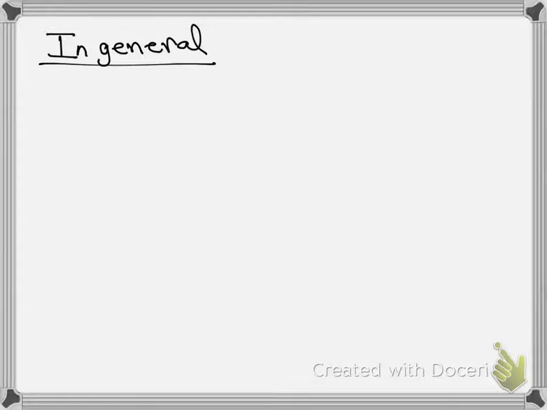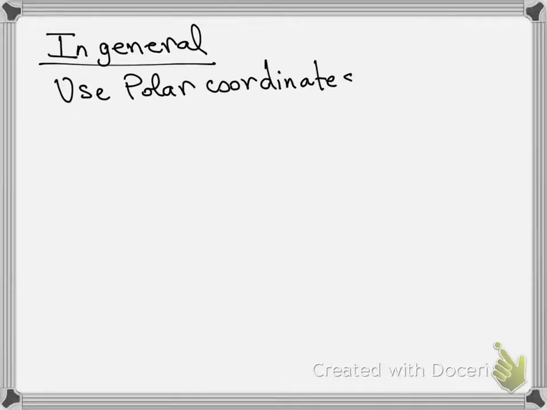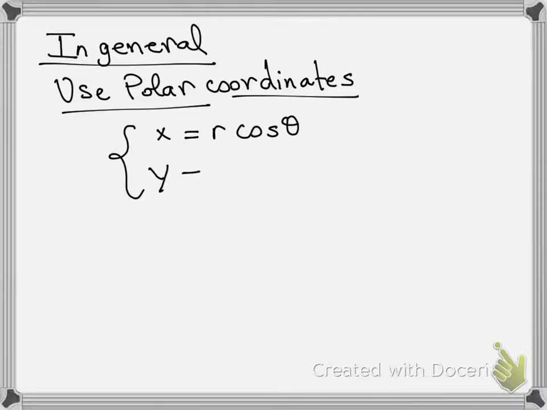So in general, what we can do is use polar coordinates. With polar coordinates, you replace x by r cosine of theta and y by r sine of theta.